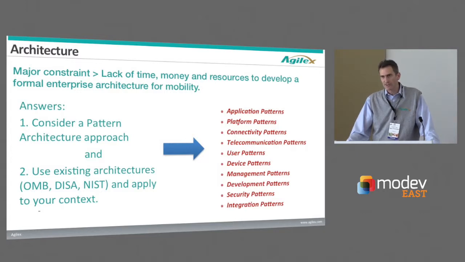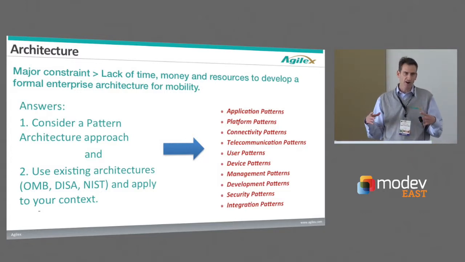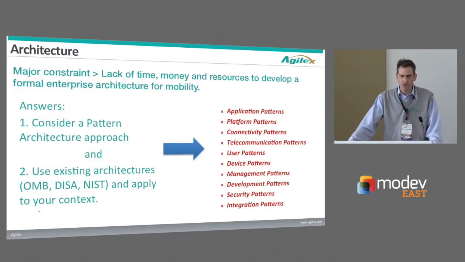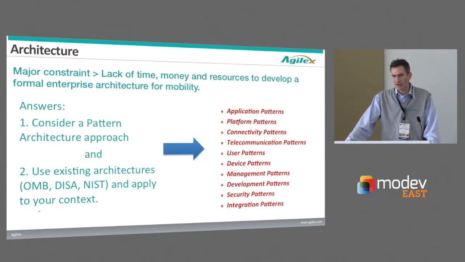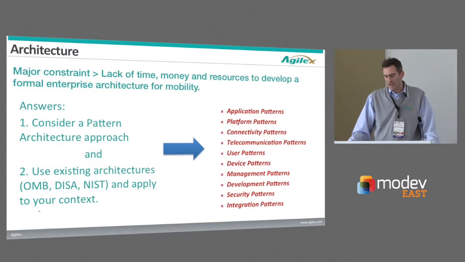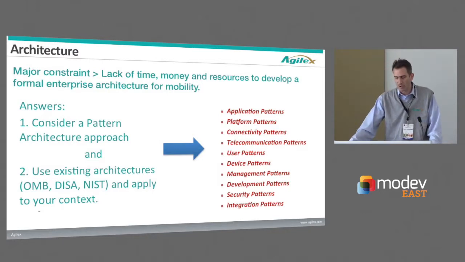One approach that we've taken is a concept of a pattern architecture, where you're developing these consistent patterns that can be used by EA groups and organizations to define a mobile solution. This is not an exhaustive list, but it's some of the major patterns that you'll come across.